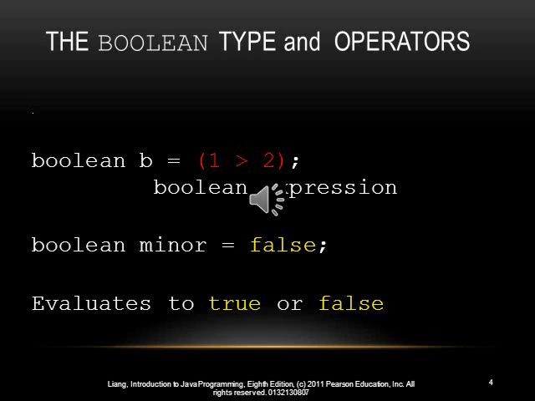If it's not, B will be false. Understand that the greater than sign is known as a relational operator. And on the next slide, we will take a look at the various relational operators. They're fairly simple to understand. You probably came across most of these in an algebra course someplace.